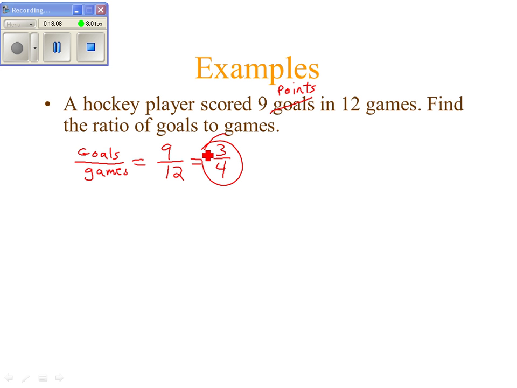All right. So if I told you, "Hey, this guy played 40 games," how many goals would you expect that he scored? 30. All right. And we could set up a proportion: 3/4 equals something over 40. How many games are there in a professional hockey season? Like 68 or something like that?